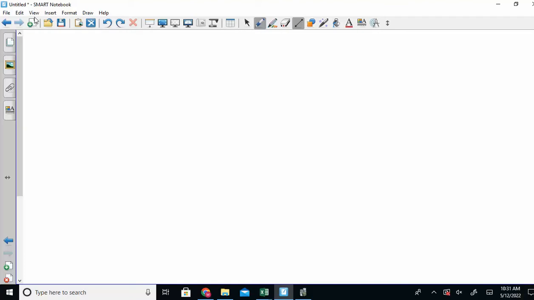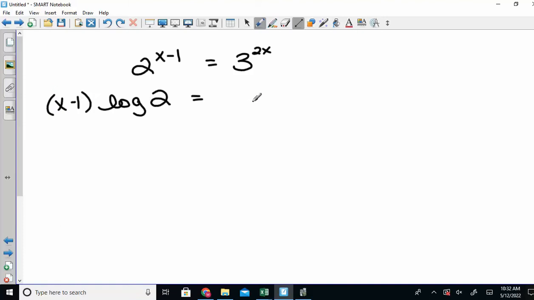Okay, so let's say I asked you to solve this. We can't get a common base. If we could, we'd want to do that. We can't, so we add the log, and part of that we like because the exponents drop down in front.